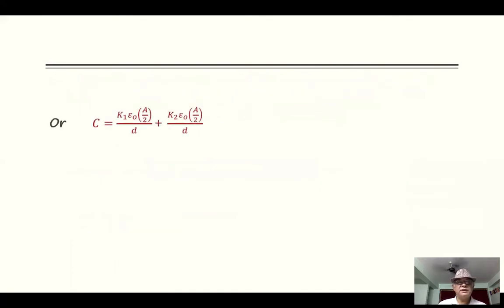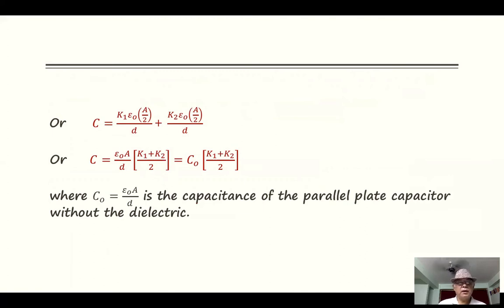Substituting for C dash and C double dash, we get C equal to this. And finally, C equal to C naught within bracket K1 plus K2 divided by 2, where C naught equal to epsilon naught A by d is the capacitance of the parallel plate capacitor without the dielectric.